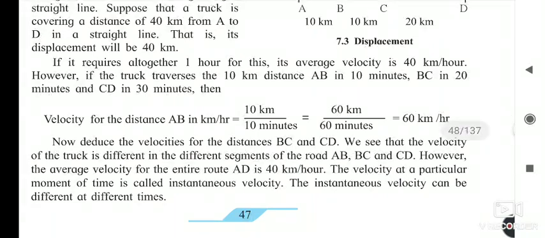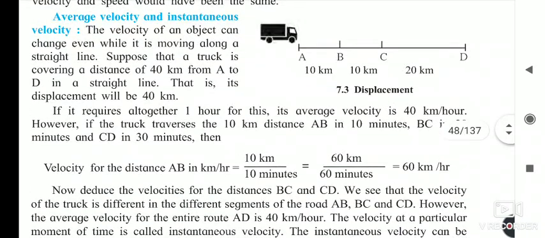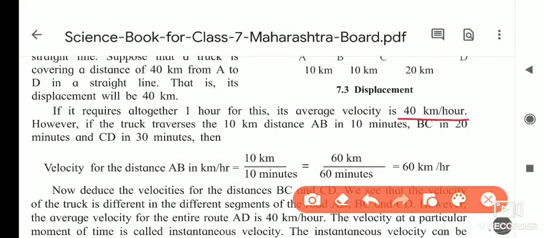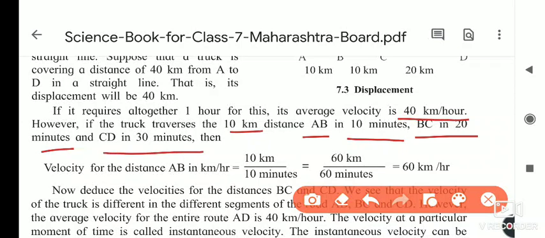Now what they told you, see here, if it requires 1 hour for this, the average velocity is 40 km per hour. However, if the truck covers the 10 km distance AB in 10 minutes, BC in 20 minutes, and CD in 30 minutes, then what we have to find out?